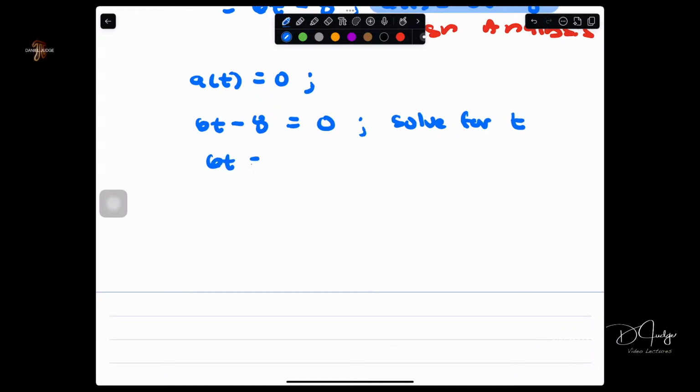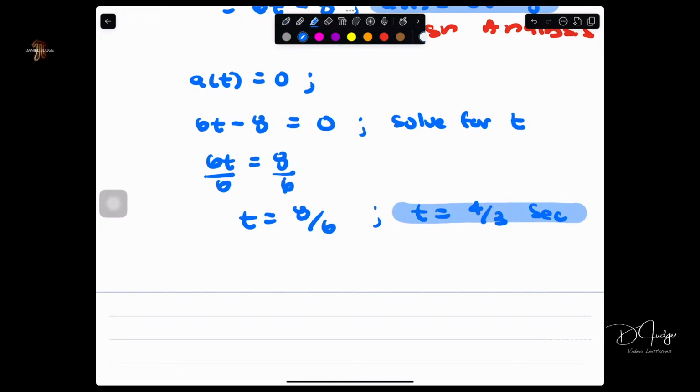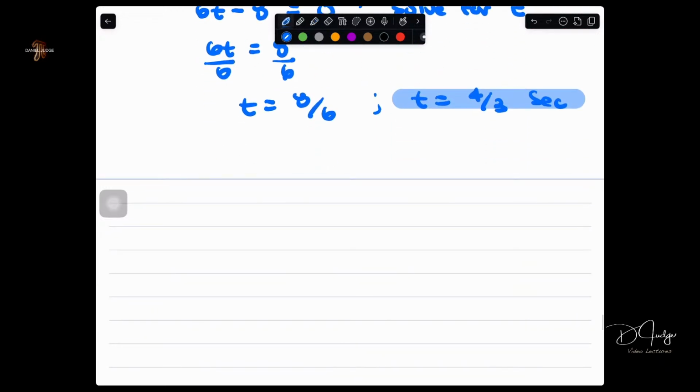If I add 8 to both sides, we get 6t is 8. Divide both sides now by 6. T is 8 over 6, but what that really means is t is going to be 4/3 of your seconds. 4/3. All right. So by sign analysis again on the acceleration function, 0 is in the middle here. 4/3 is to the right.